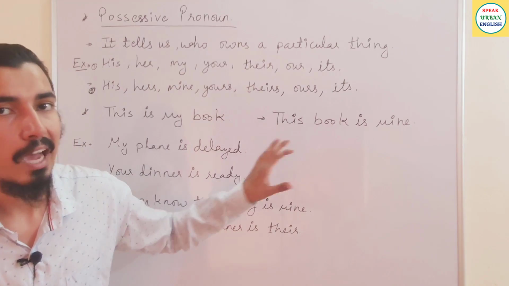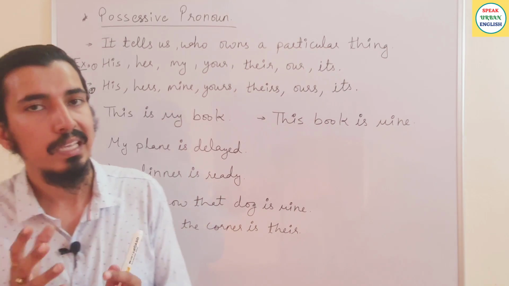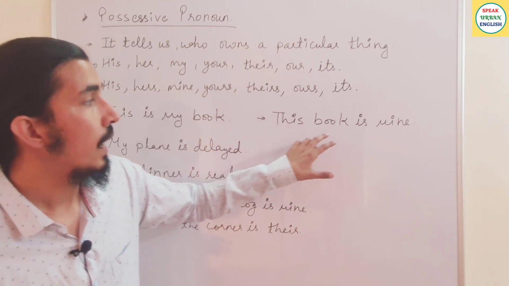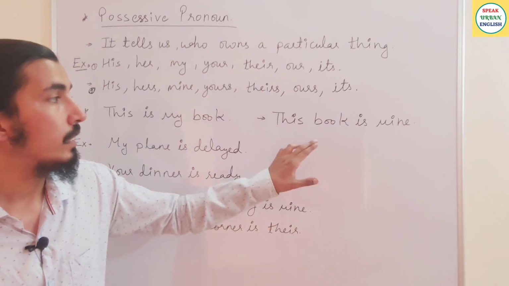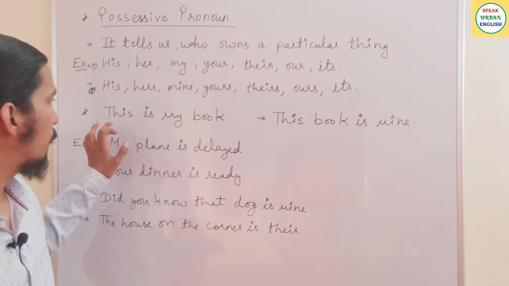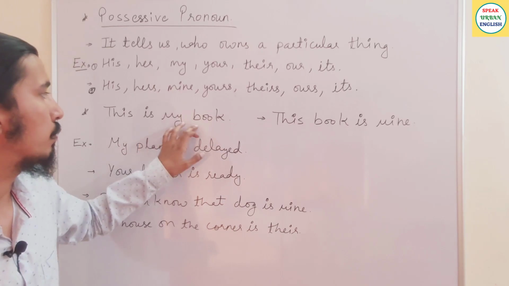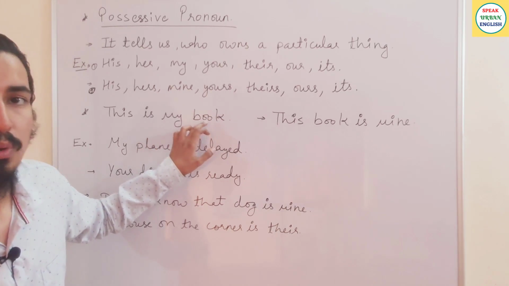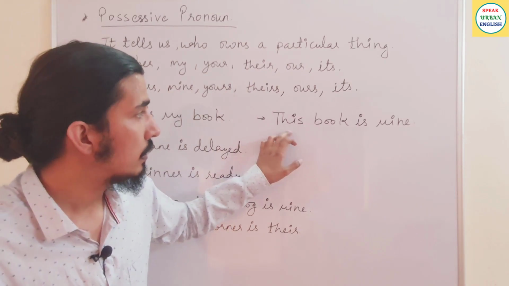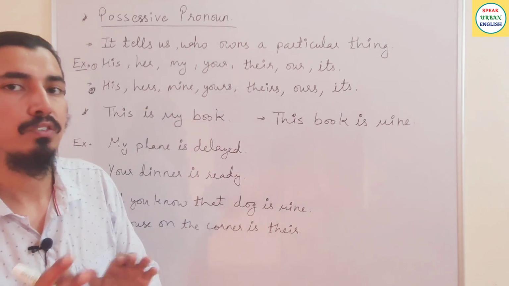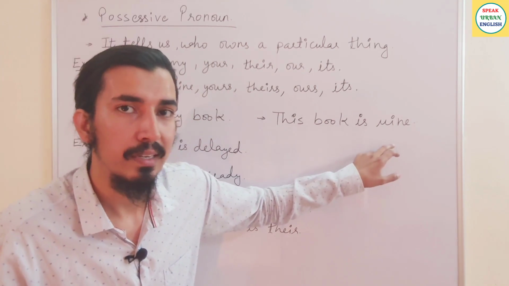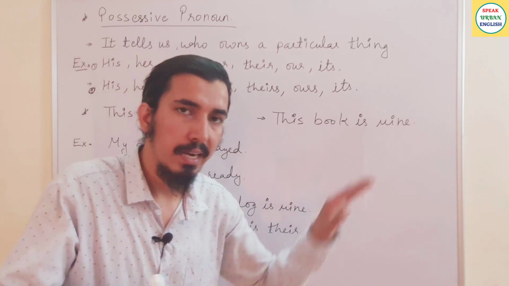So in these types of sentences, where the thing on which the possession is being talked about and the possessive pronoun are not adjacent to each other, you will use category 2. So first we used this is my book because my is adjacent to book, the thing whose possession is being talked about. In this book is mine, the possession is of this book, but it's not adjacent to mine, so we used mine, category 2.